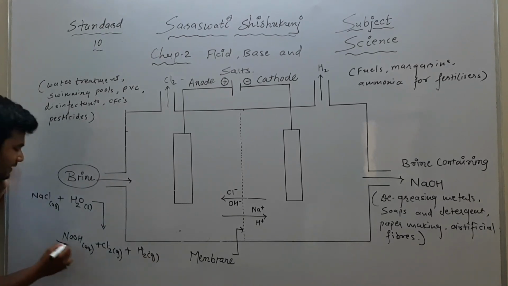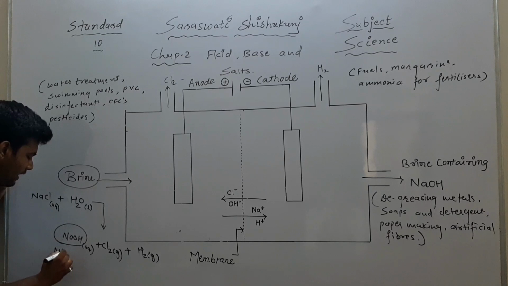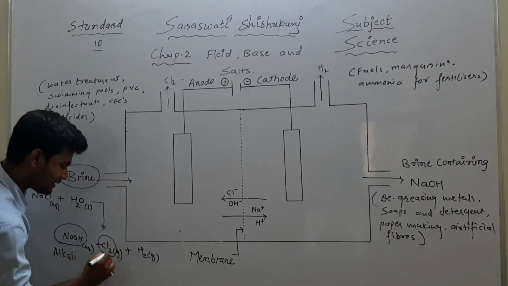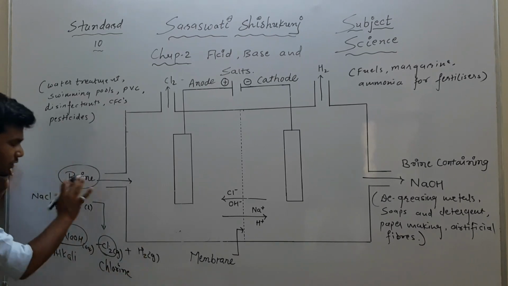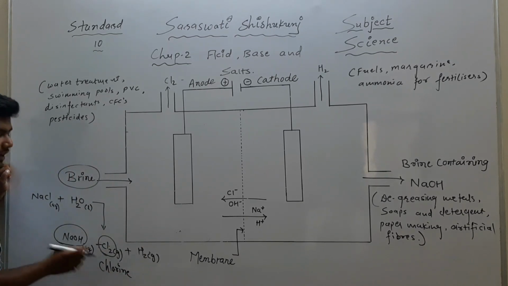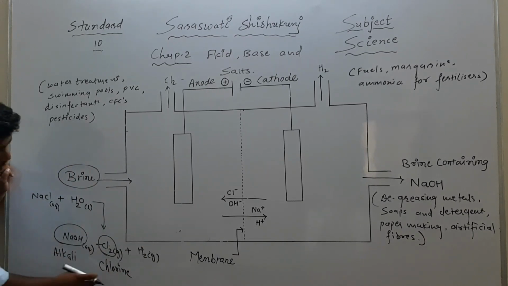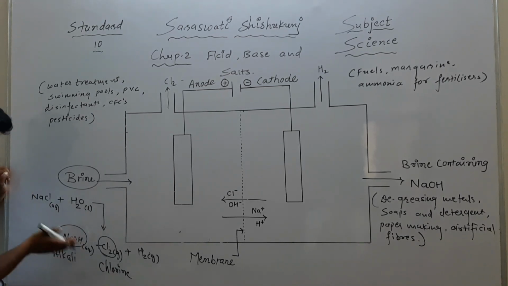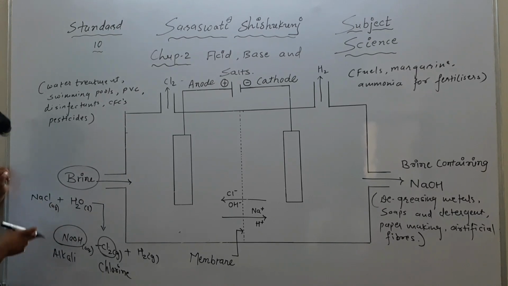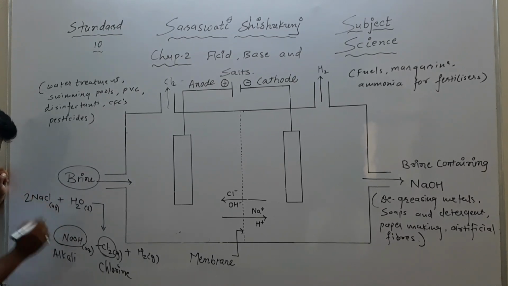Here you can see that this is our alkali and this is our chlorine. So due to this process, alkali and chlorine both are produced. That is called the chlor-alkali method. Now, as we want to balance the chemical equation, how can we balance it?